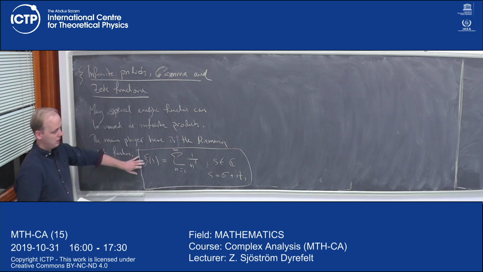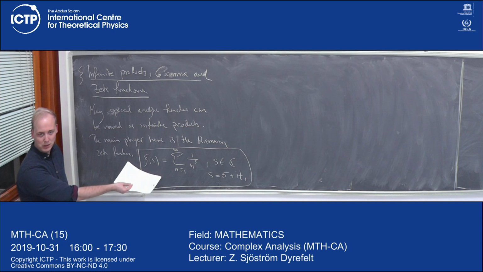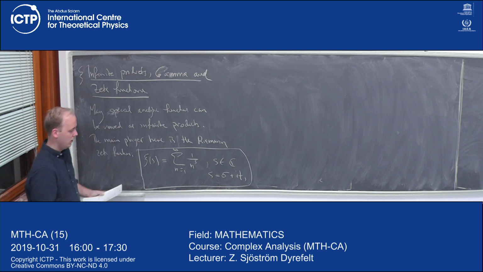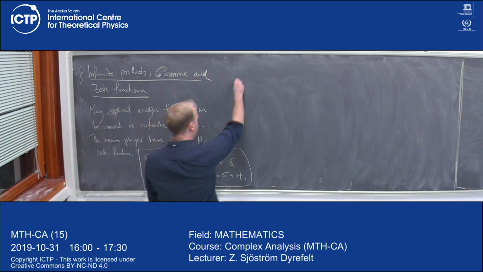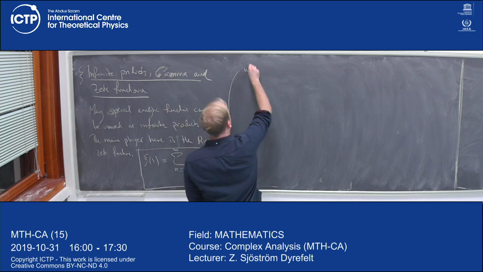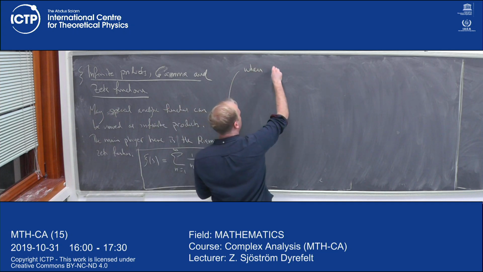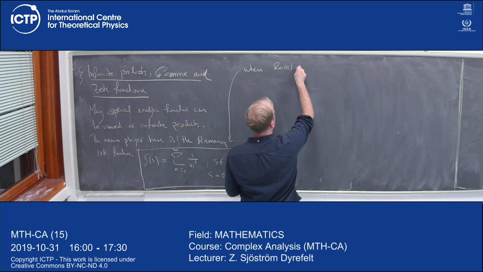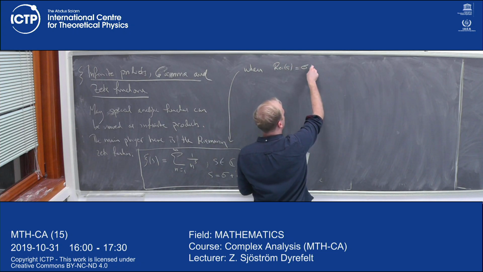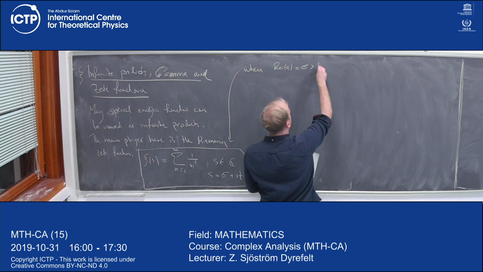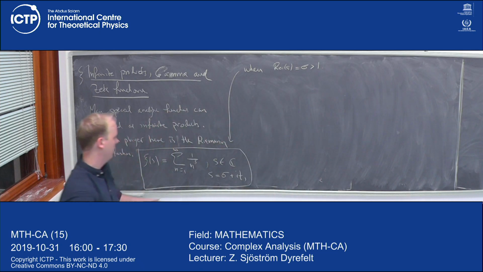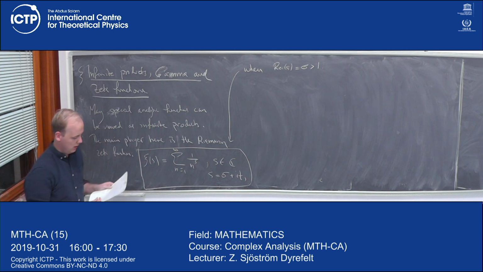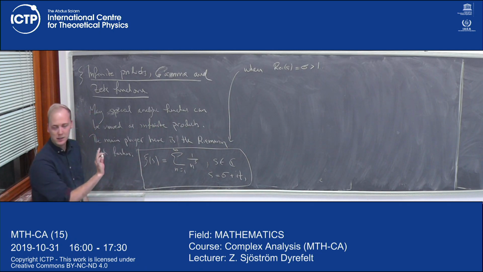It satisfies this, but it satisfies this for appropriate s, right? Because you need this to be convergent. So this is defined when the real part of s, which is sigma, is greater than 1. Because then this converges. So this is how it was initially studied.